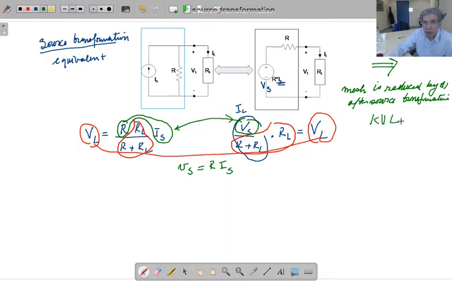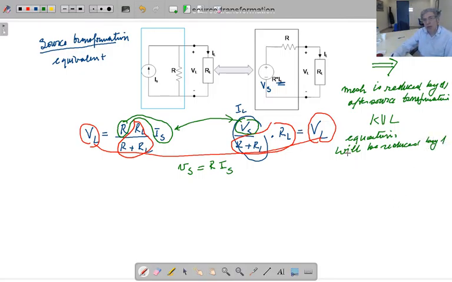While you are writing KVL equations, the number of equations is going to be less, because you are writing the KVL equations for the meshes. One mesh is reduced, so KVL equations will be reduced by 1. That is the advantage of it.